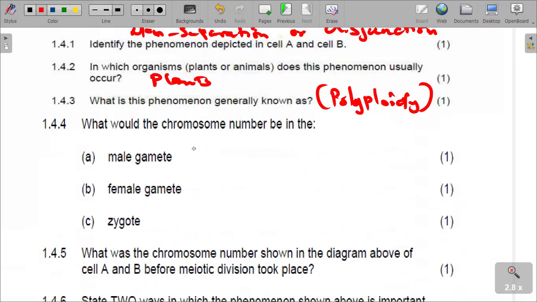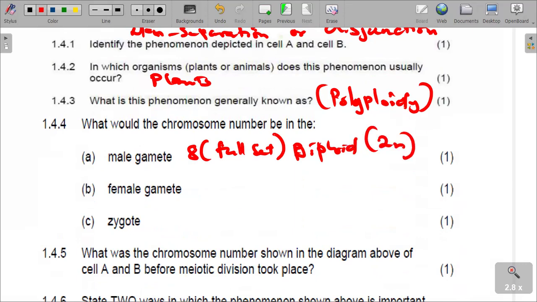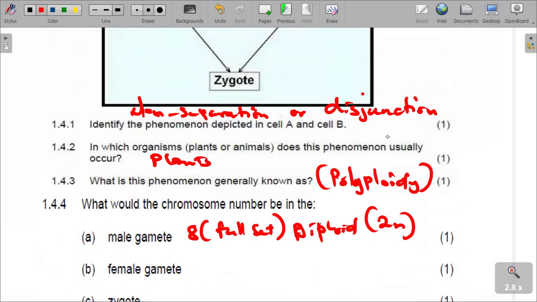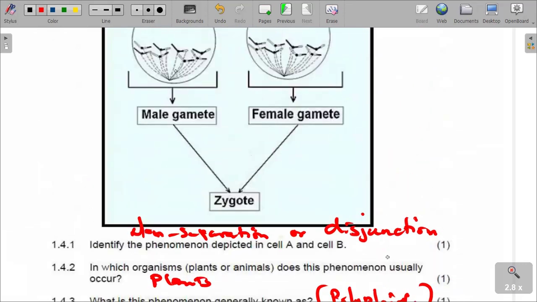They did not separate. We have 80, which we can say is actually a full set, or diploid, or also 2n. So as you can see, the chromosomes did not separate, so we have all the full set as it is.